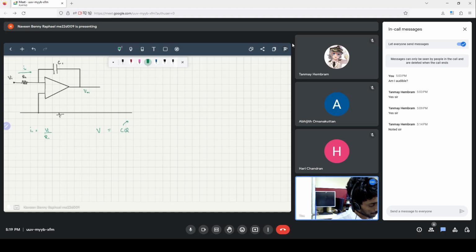The relationship between Q and I1 is dQ by dt is equal to I1, because the current comes and deposits charge on the capacitor.